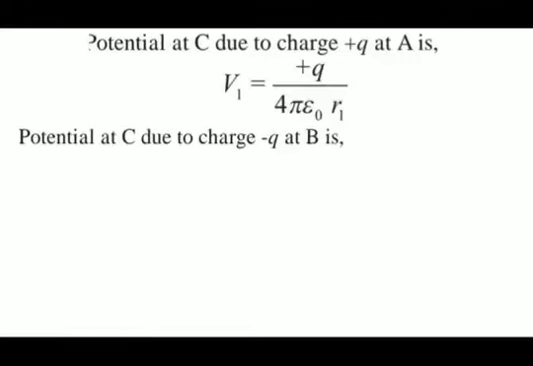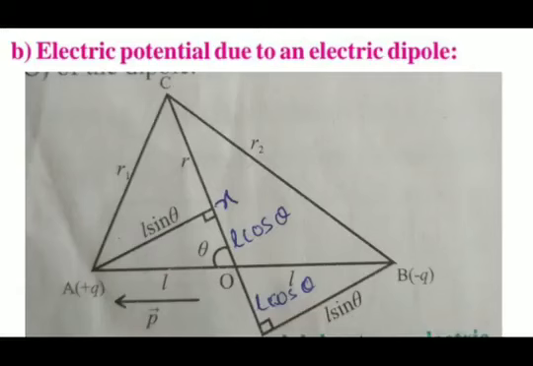Now see this diagram here. What we have to find is the potential due to an electric dipole, that means we have to find the overall formula for VC.